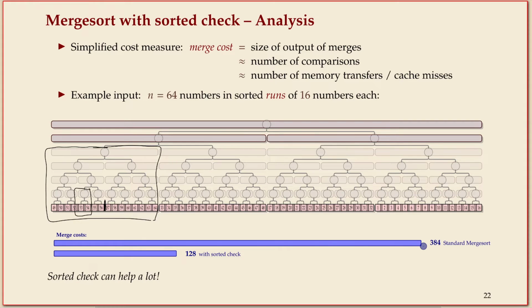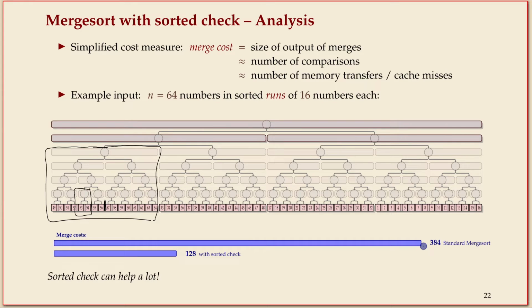What I put down here is the merge cost of these two variants. That's a useful metric that's a little simpler to analyze than comparisons. Because for comparisons, if you remember how merging worked, it depends on which run is exhausted first, how many comparisons you need in detail. And that can be a bit misleading.